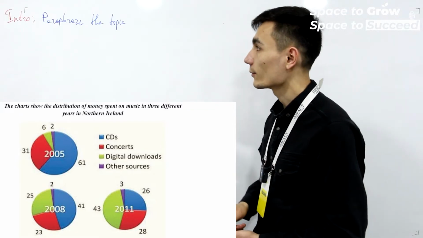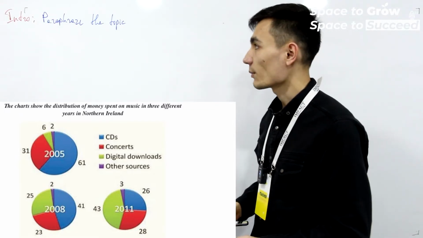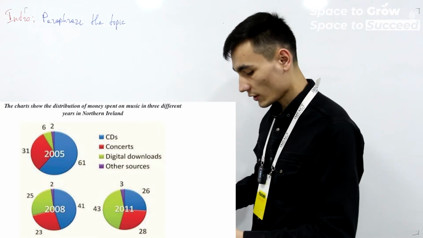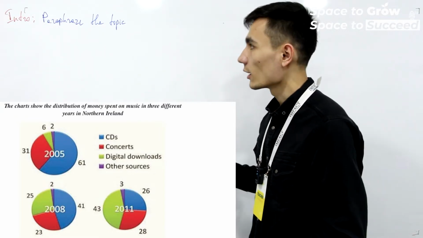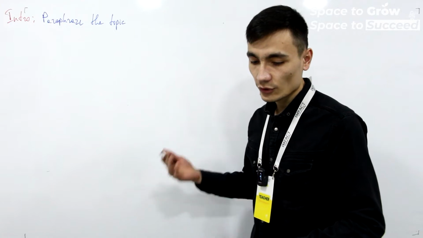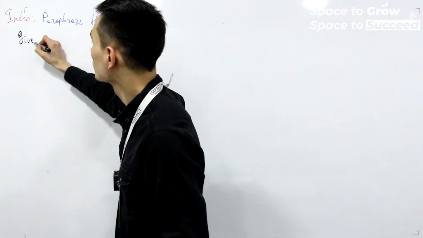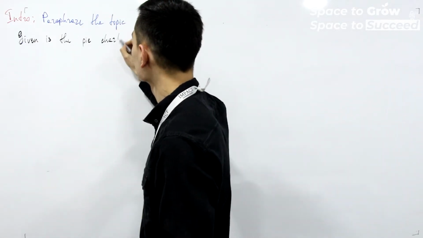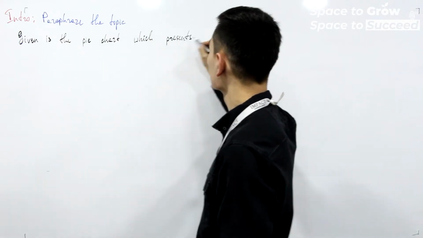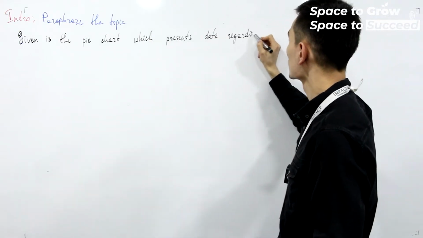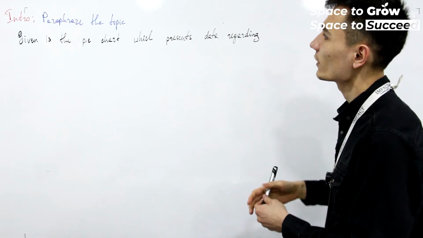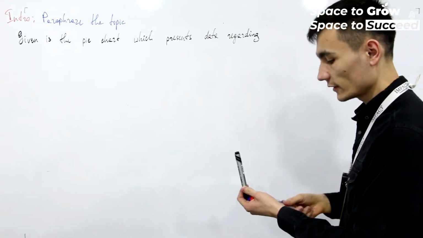And as you know, we have beginning structures ready, prepared beginning structures that we are going to use here. And the structure for pie chart is: the pie chart given presents data regarding.